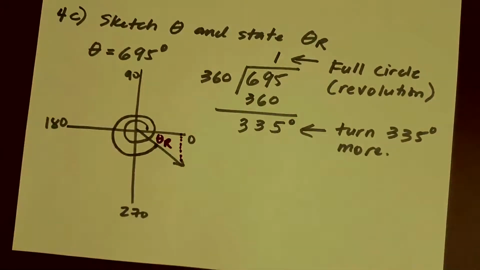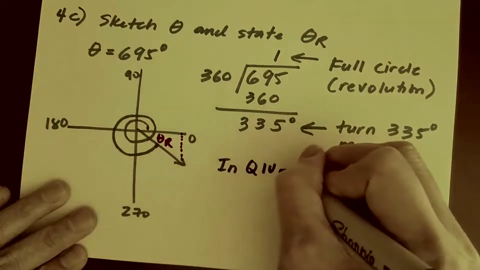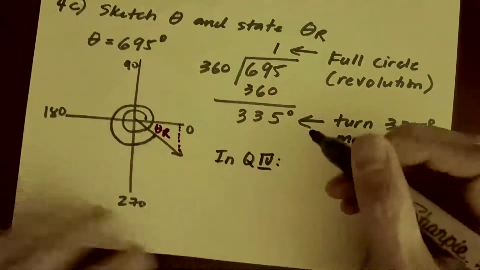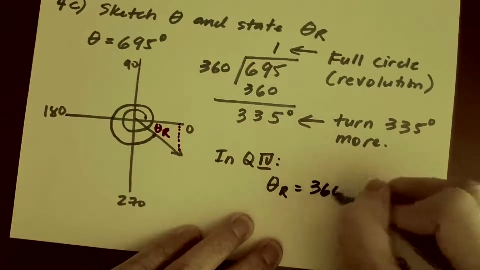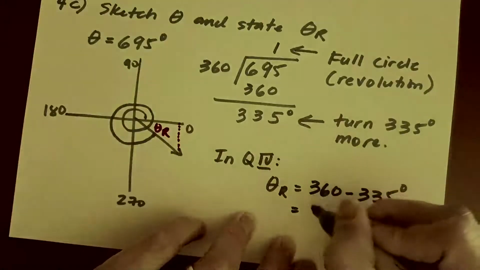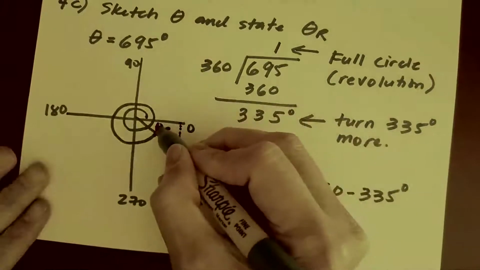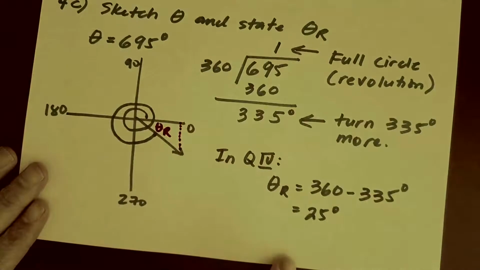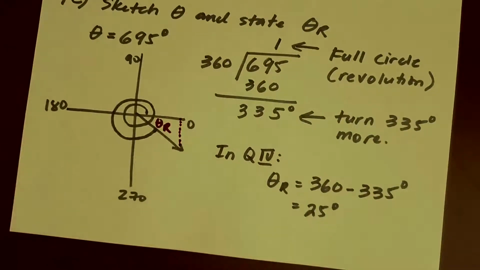In quadrant 4, theta r is going to be 360 minus 335 degrees. That gives us a 25-degree reference angle. So this angle within this triangle is 25 degrees. Okay, so that's 4C.